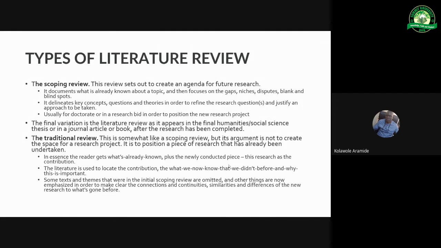Along the line, the writer will have mentioned, maybe in the methodology or in the title or somewhere, the kind of literature review that I adopted for this particular study. It's just a matter of the reader having an eagle eye for what he or she is reading, to actually bring out what is being done.